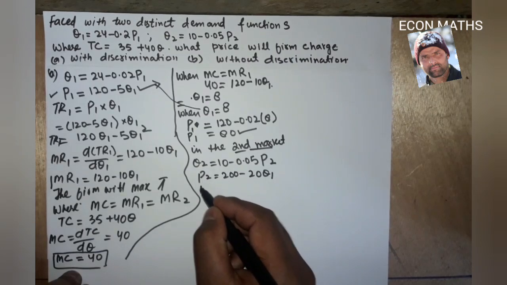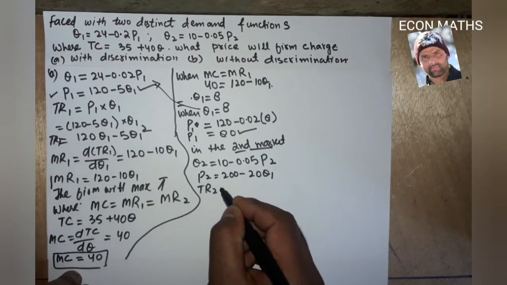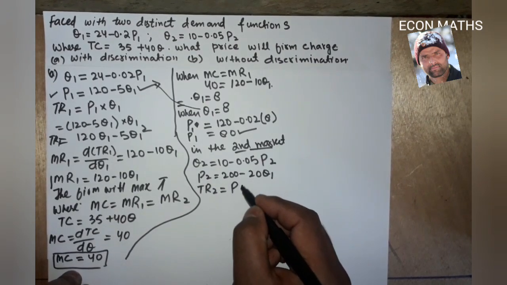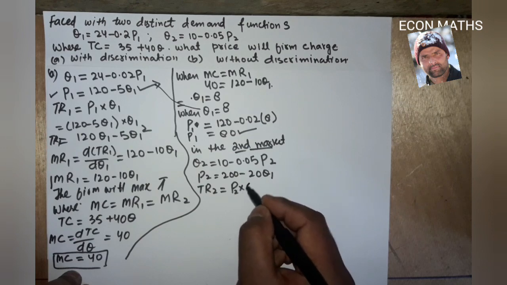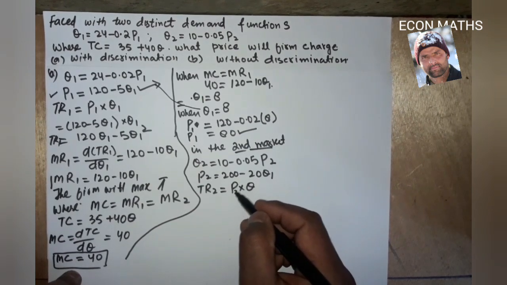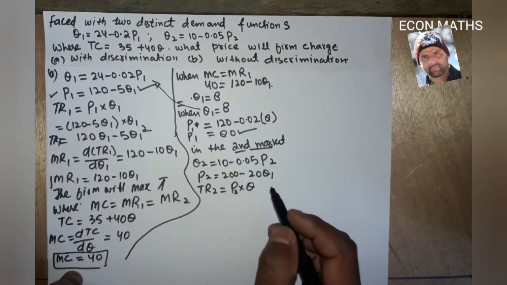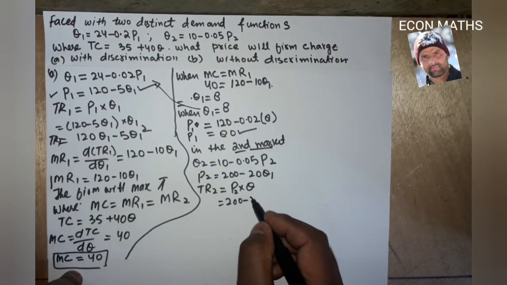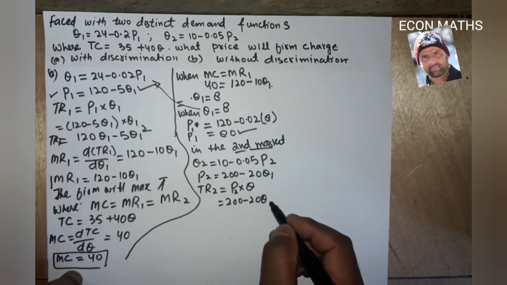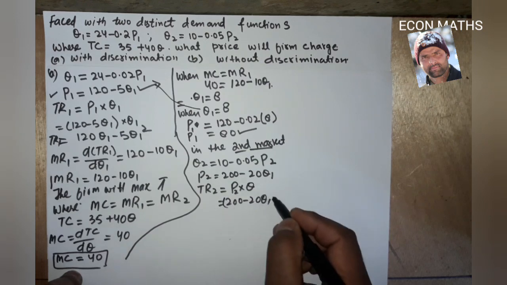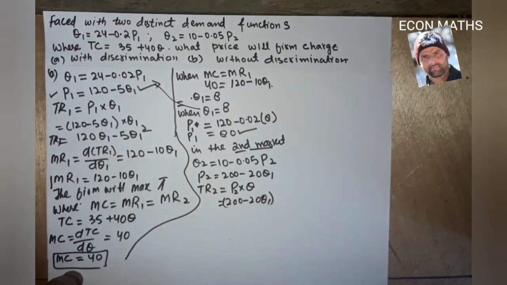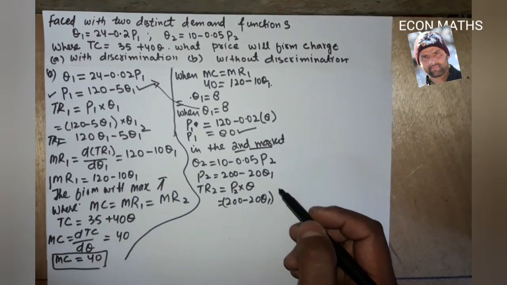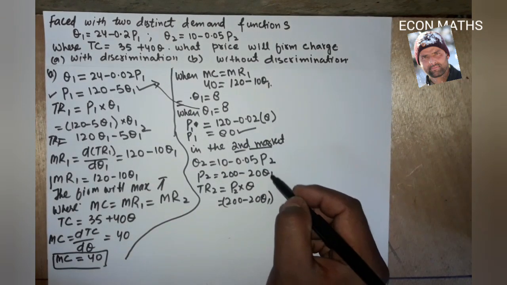Therefore, total revenue for the second market will be equal to price into quantity. Price in the second market times quantity gives us total revenue. Now P2 is 200 minus 20 Q1 times the quantity, which is Q1.